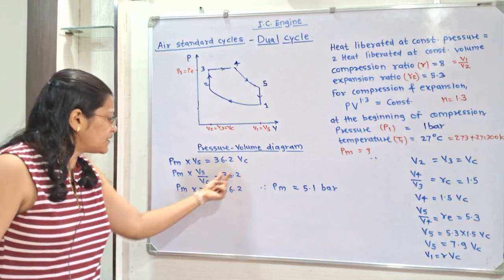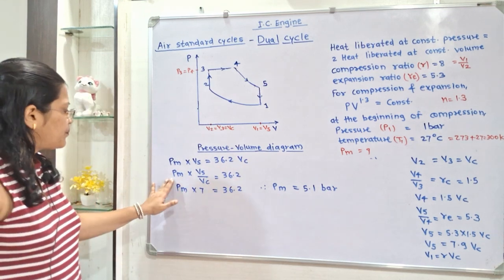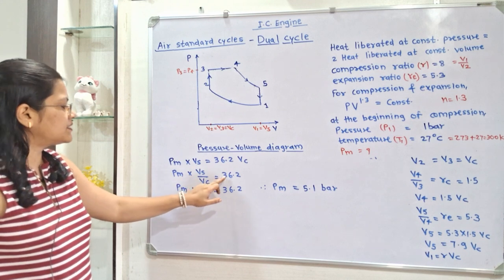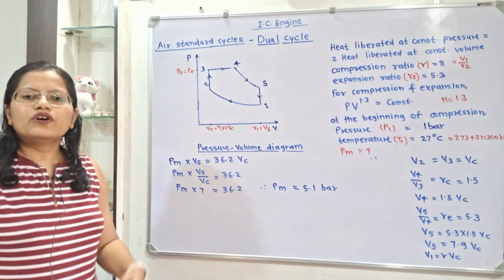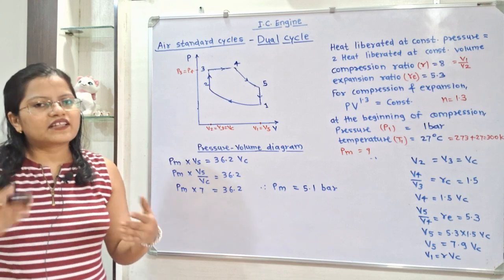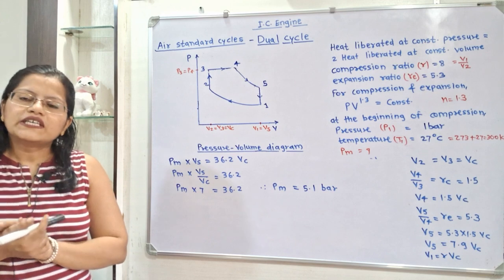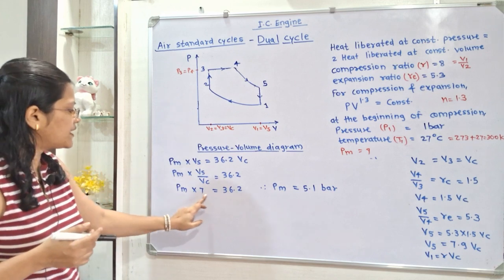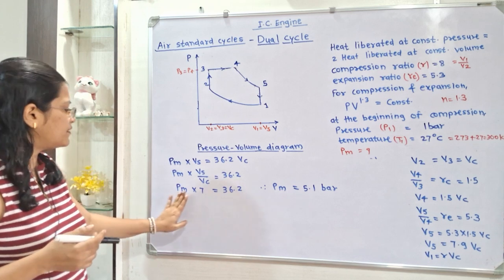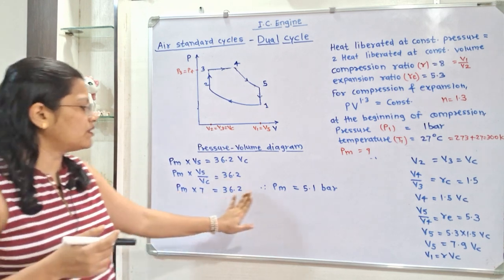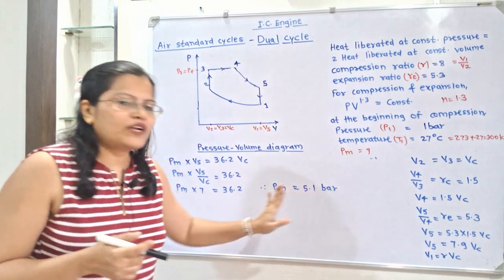So I will transfer this Vc to the denominator. So Pm multiplied by Vs by Vc is equal to 36.2. We have calculated the relation between Vs and Vc: Vs by Vc is equal to 7. So Pm into 7 is equal to 36.2, and therefore mean effective pressure is equal to 5.1 bar.